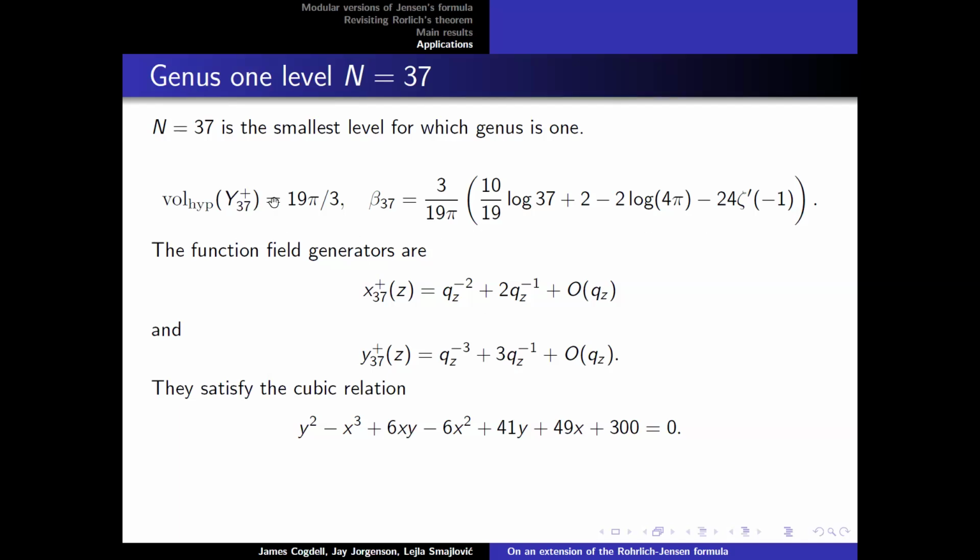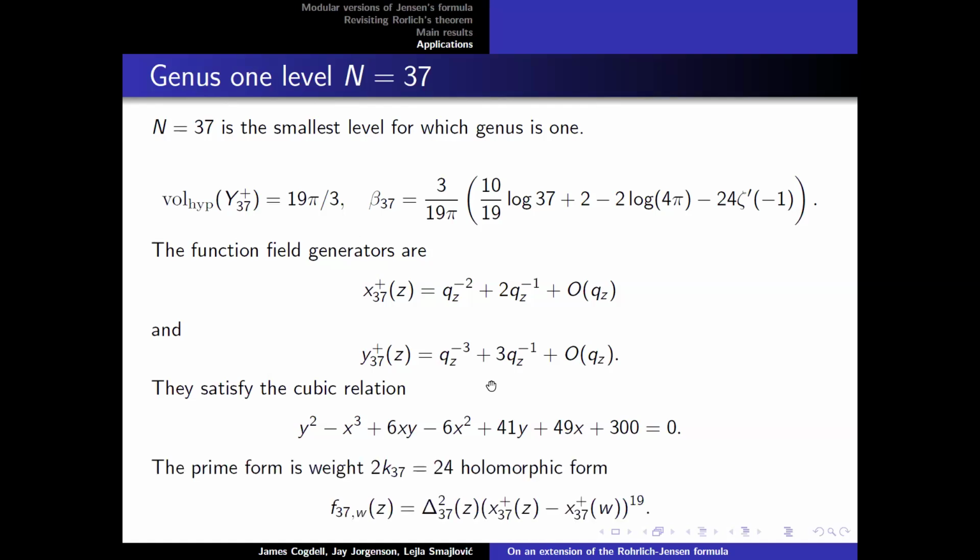The hyperbolic volume is 19 pi over 3, and so on. So the prime form in this case is a weight 24 holomorphic form of this type. So it's delta 37 squared times the difference of x's to the power 19. Of course, it is possible also to look at y's, but then the computation is slightly different.